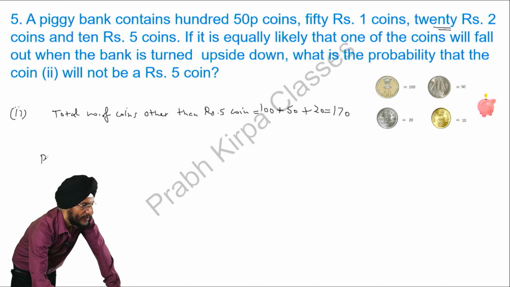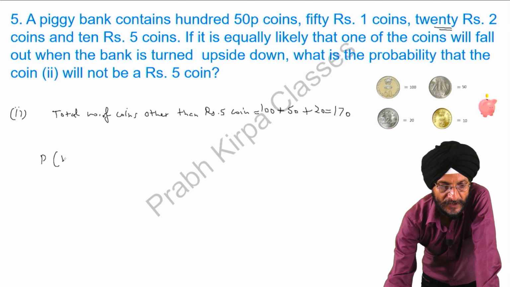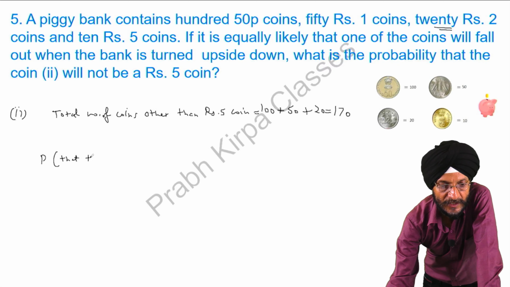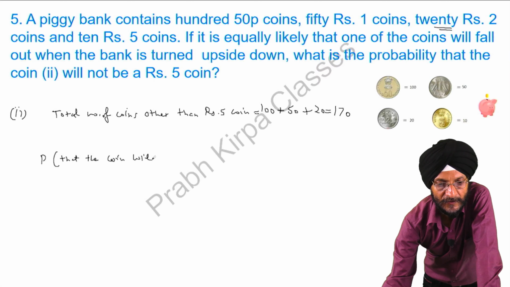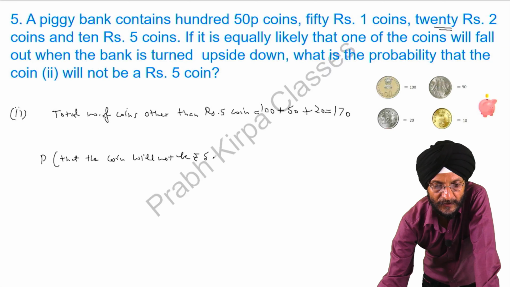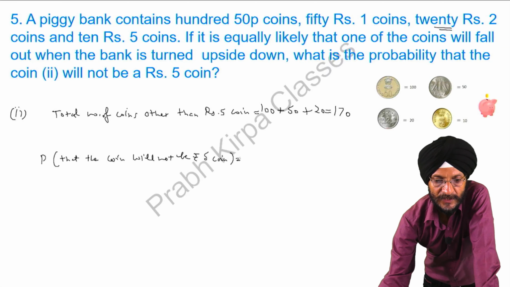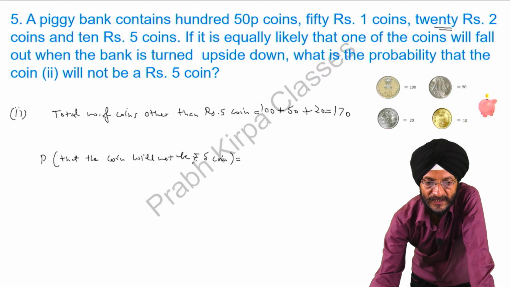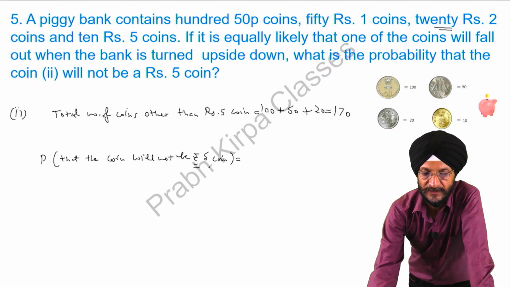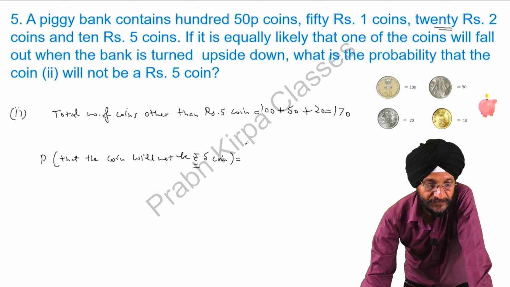So the probability that the coin will not be a rupee 5 coin is equal to, rupee is also written as this symbol.